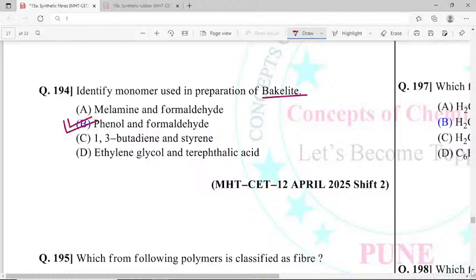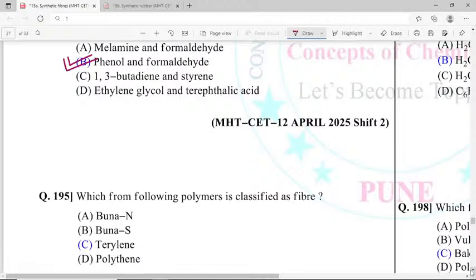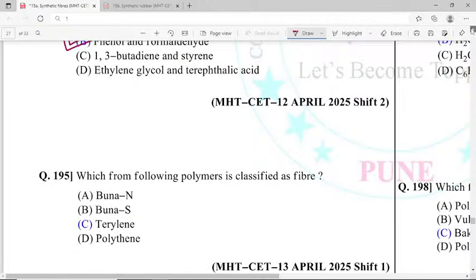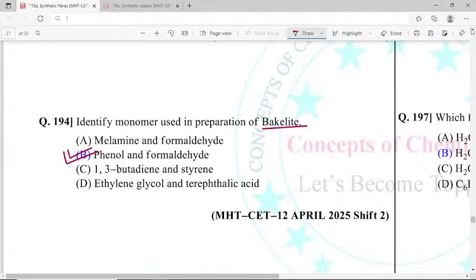Phenol formaldehyde resin. Butadiene styrene is used for making Buna-S. Ethylene glycol and terephthalic acid make terylene, and nylon 6,6.